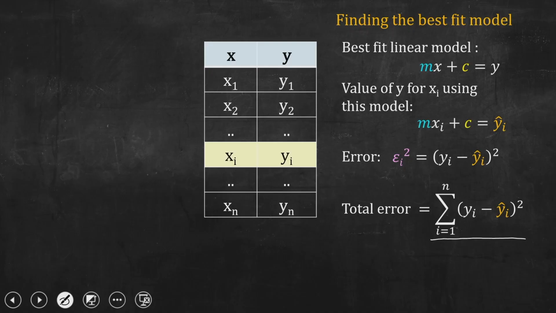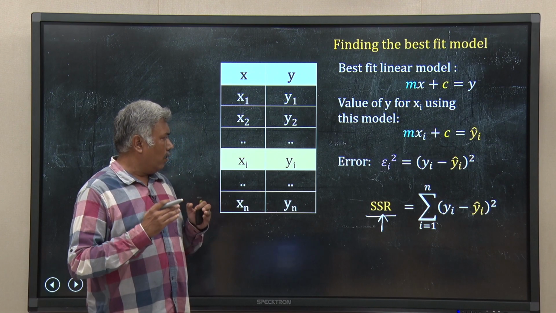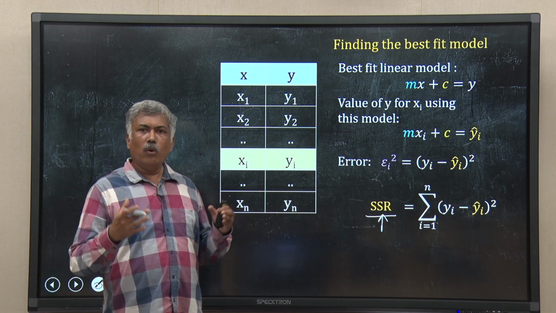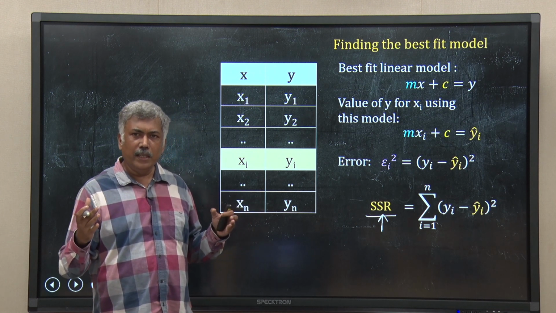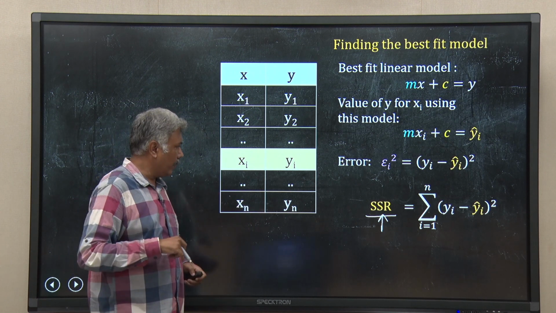The summation sign shows that it starts from 1, the first data point, to the last one, nth one, and I get the total error. This error in mathematics books will be called SSR, sum of square of residuals, right. And it shows the overall total error in the calculation.